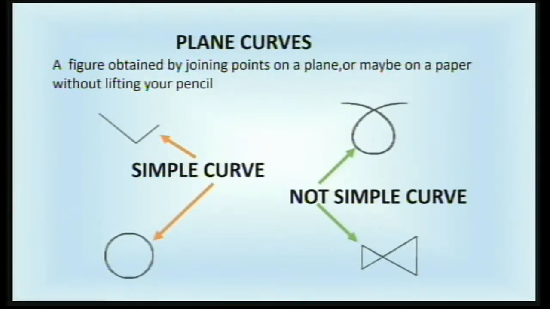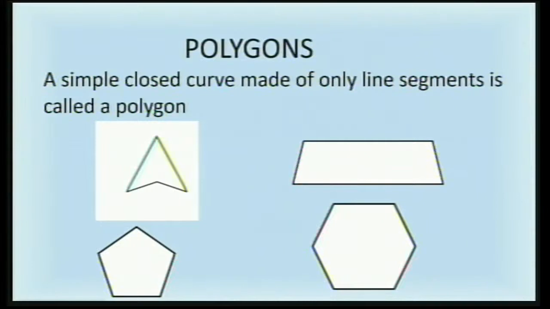So now we have been able to see what are open curves, what are closed curves, and what are simple curves. All these 3 are required for us to define a polygon. So next we are moving on to what is a polygon. We define a polygon as a simple closed curve made of only line segments.